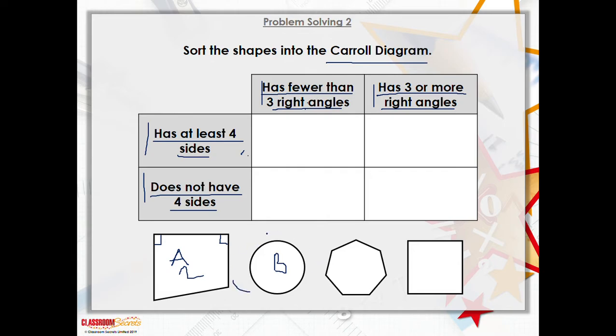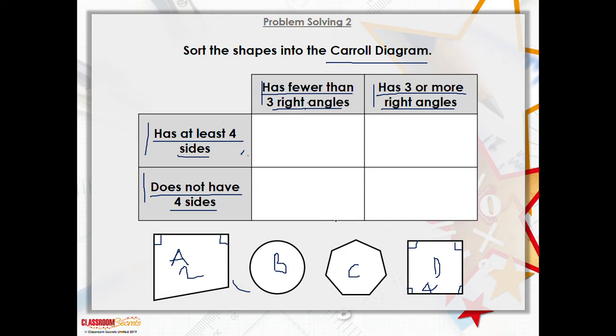It doesn't have any right angles whatsoever. Shape C also doesn't have lots of right angles. And shape D, well, immediately we can see we've got 1 here, 1 here, 1 here, and 1 here. It has 4 right angles.